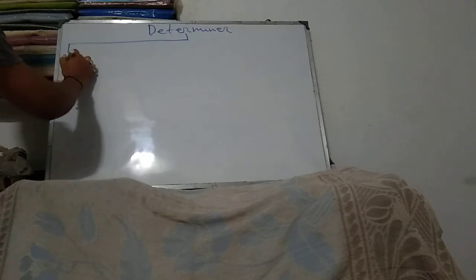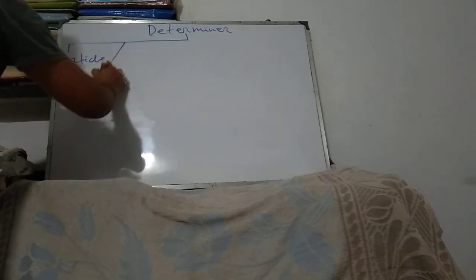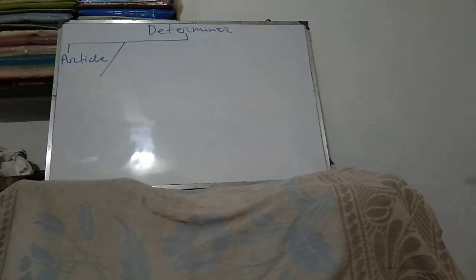Number 1 is article. Number 2, demonstrative adjective.